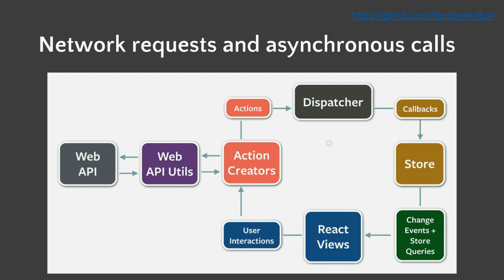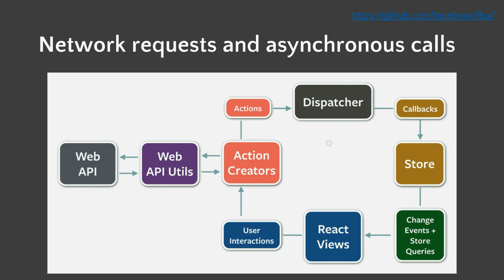A network adapter makes the asynchronous calls to the corresponding API and returns the result to the action creator. Finally, the action creator dispatches a corresponding type of action with the returned data. So in this case, for example, there is a user interaction, for example, a request for a list of a particular resource.